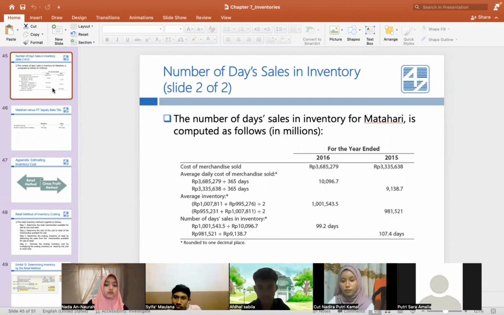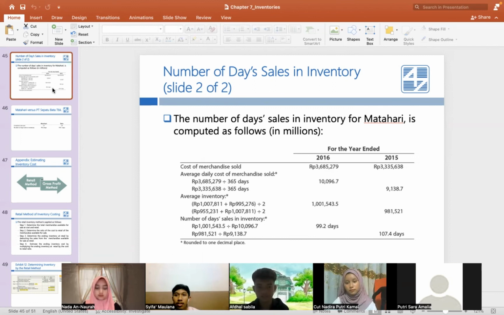We can see the formula. The first step we use is cost of merchandise sold divided by days in 1 year. We get average daily cost. The average inventory is the same formula as the step in the inventory turnover method.